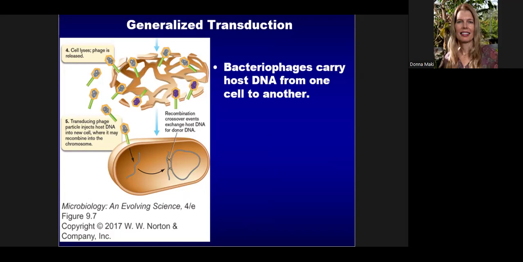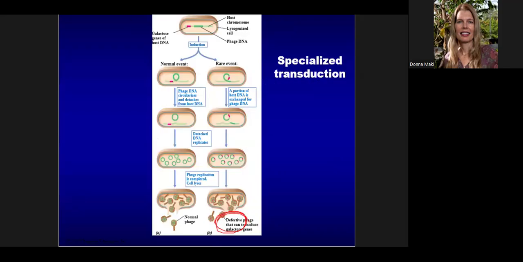Yes. I just had one question. So the very beginning of specialized transduction, would that be the randomized part? Like if it goes normal or rare, but then it's non-randomized because it duplicates itself. You know what I'm trying to say? So with specialized transduction, you can think it's special in two ways.